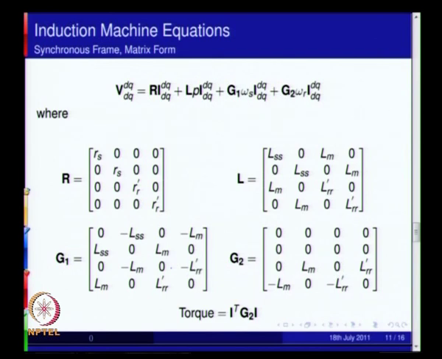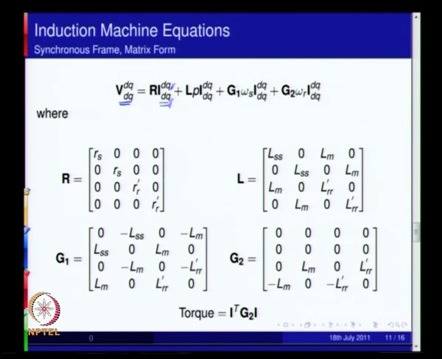Now these equations, we can use the notation of vectors to simplify writing this equation. V dq is then this, it is a vector of voltages on the stator and rotor. I dq is the vector of flow of I along the stator and rotor. The notation signifies that the rotor variables are in the dq reference frame, stator variables are also in the dq reference frame.